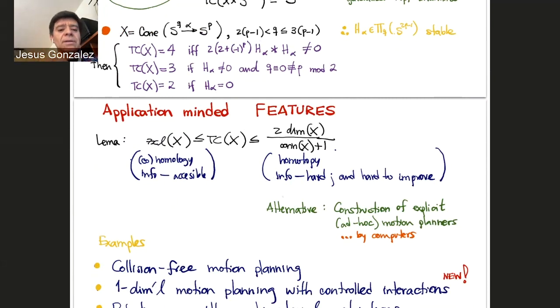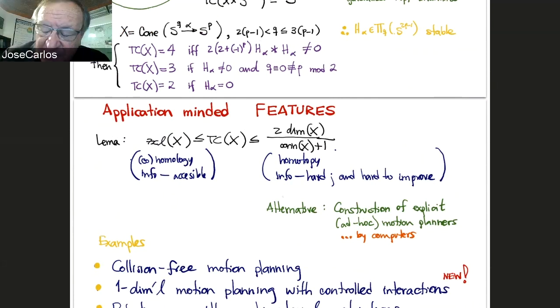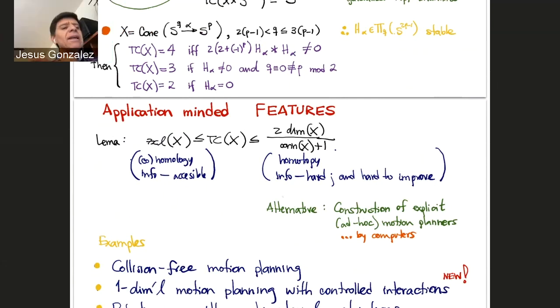Yes, one question. I think I always ask you this question, but I always forget the answer. What do we know about the Ganea conjecture for closed manifolds? I don't think that it is known to be true for all manifolds. I think you need some additional hypothesis, but I'm not sure.